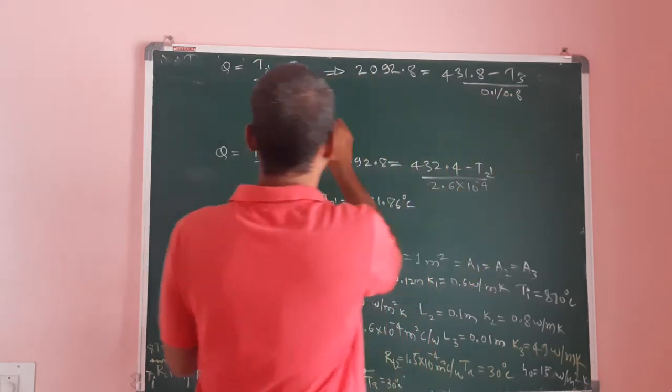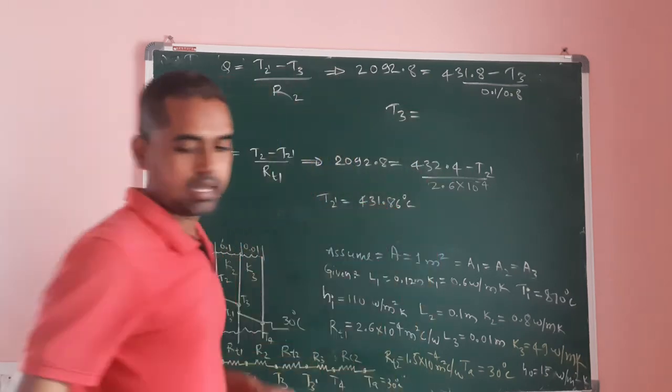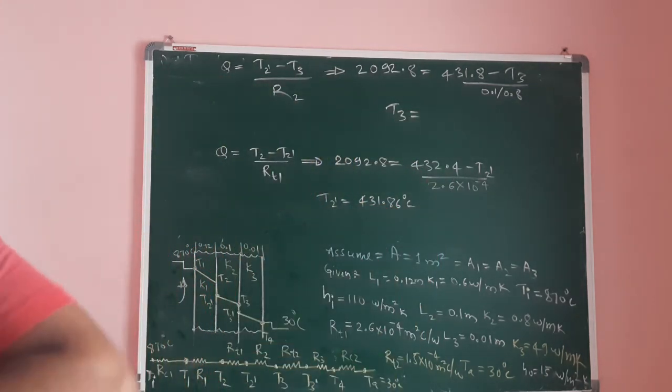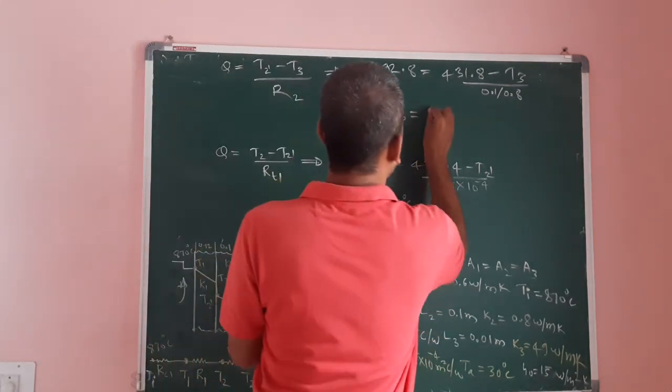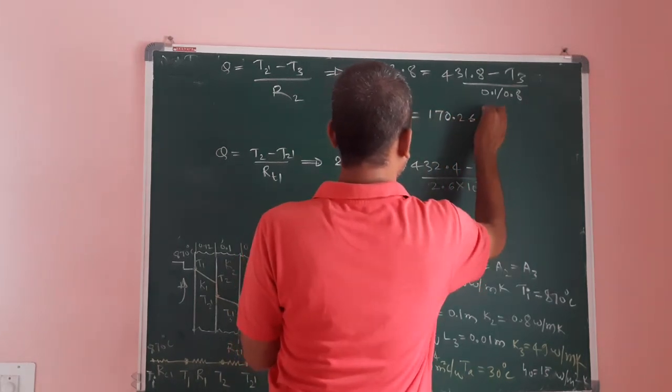If you simplify this, you will get T3 as 170.26 degrees Celsius.